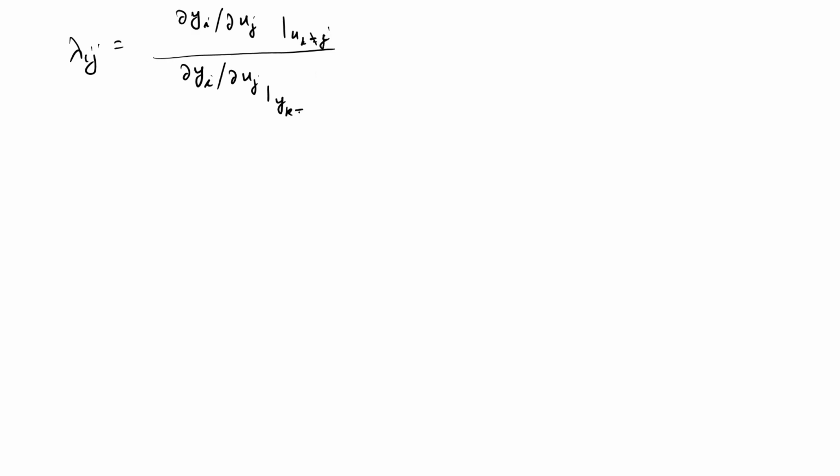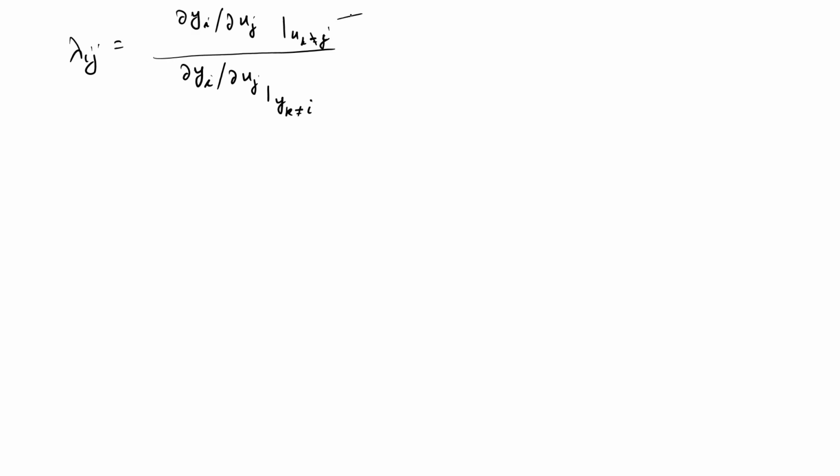Well, like I said, lambda ij is equal to dou yi by dou uj, with uk, k not equal to j, fixed, divided by dou yi by dou uj with yk, k not equal to i, fixed.